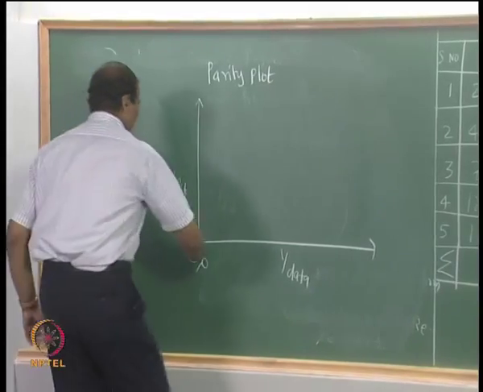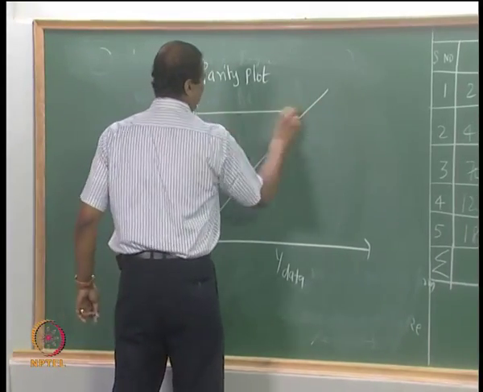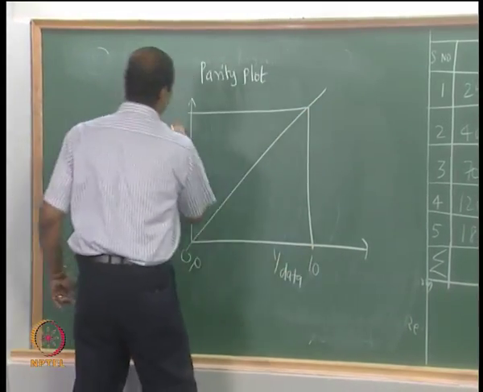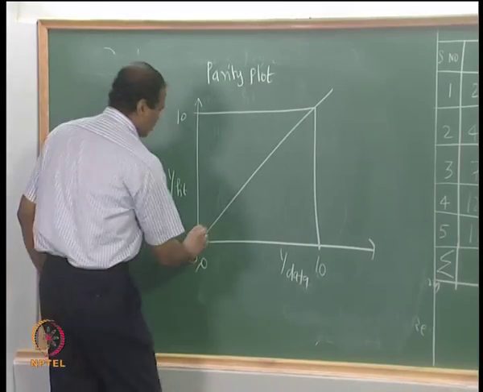So if you have something like this, let us say this is 10 and 10 or something, you should have points like this.